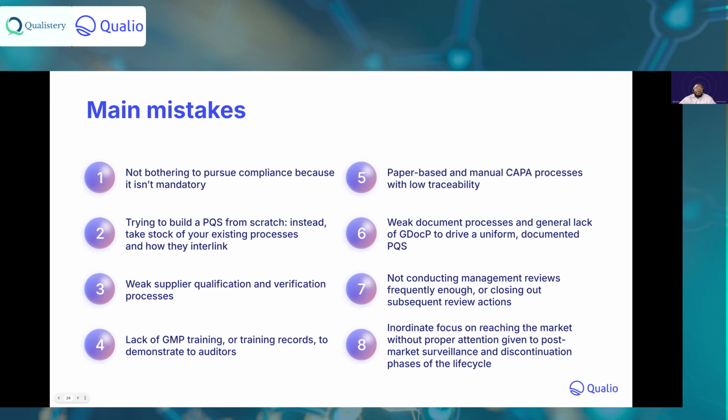Another one is that companies also will focus on rushing to get to market. And I understand it, right? Because even though we are producing drugs, we are still a business. And it's understandable that you want to push to get to market as quickly as possible. But at the same time, if you rush to get to market and are not worried about what happens post-market, right? Because you have to worry about post-market surveillance. So if you rush to get to market, but don't think about how you're going to manage your post-market surveillance, that can become a problem in the future.